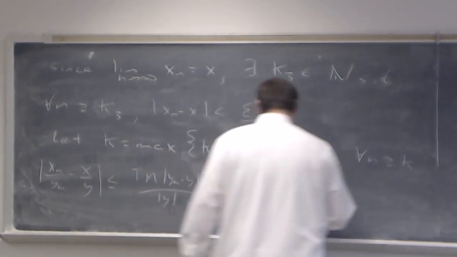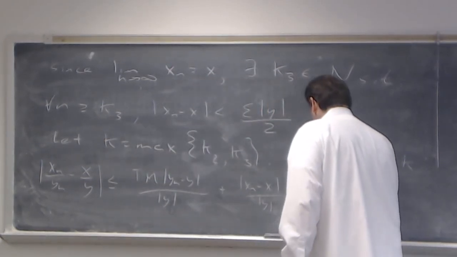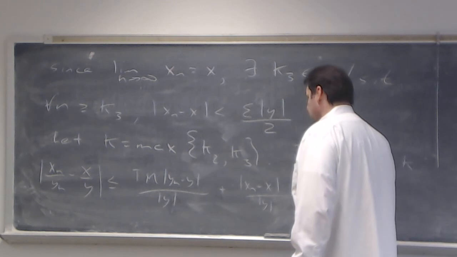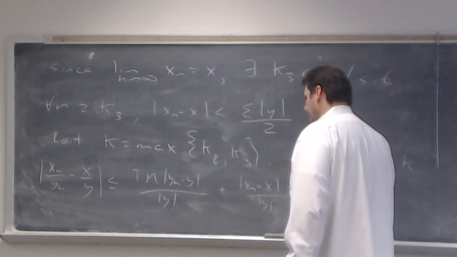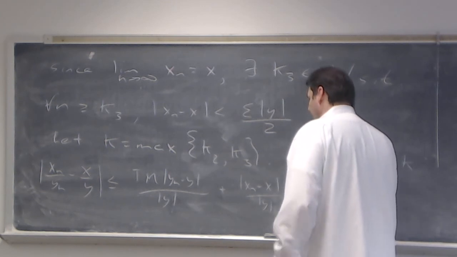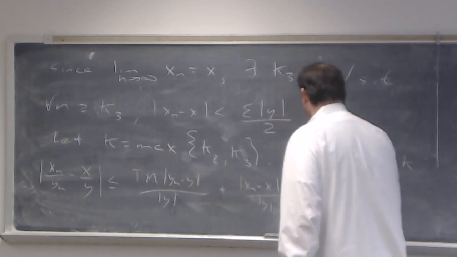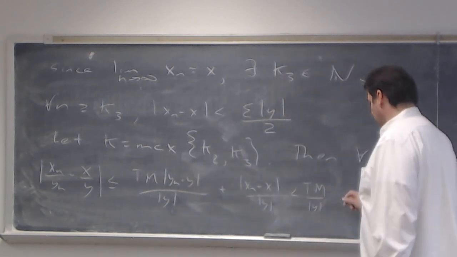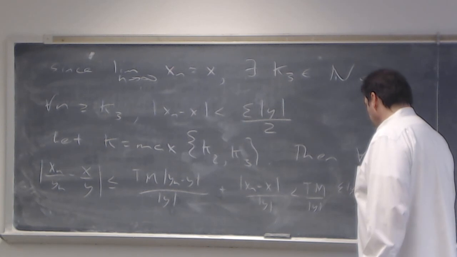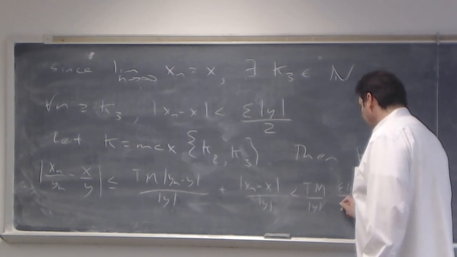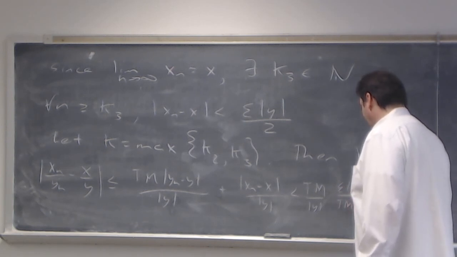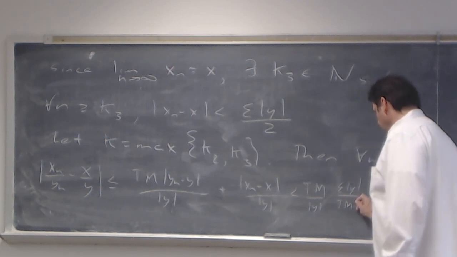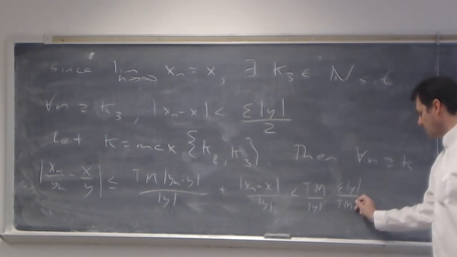This is strictly less than t m over the absolute value of y, and I'm going to replace y sub n minus y by what is bigger than it, which was epsilon times the absolute value of y over t m times 2.